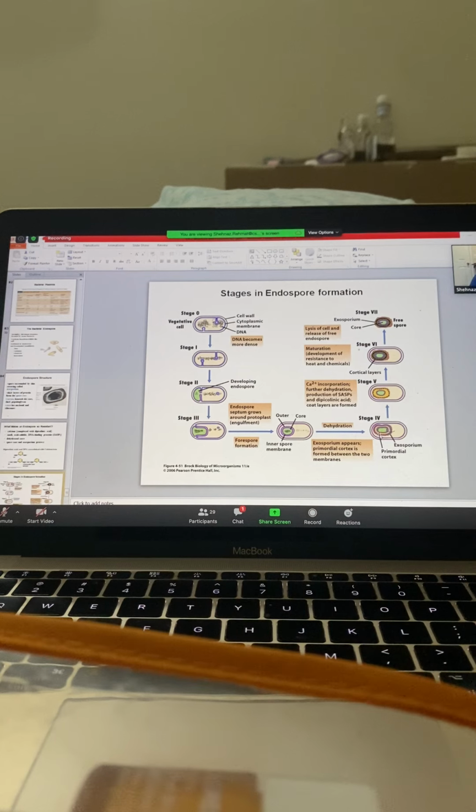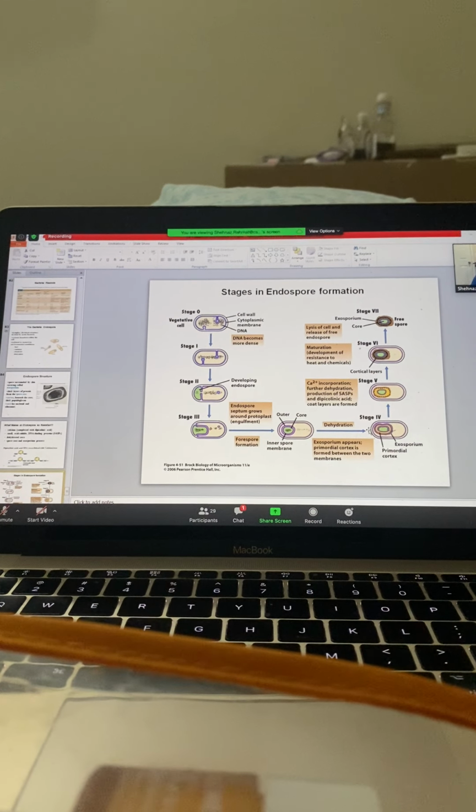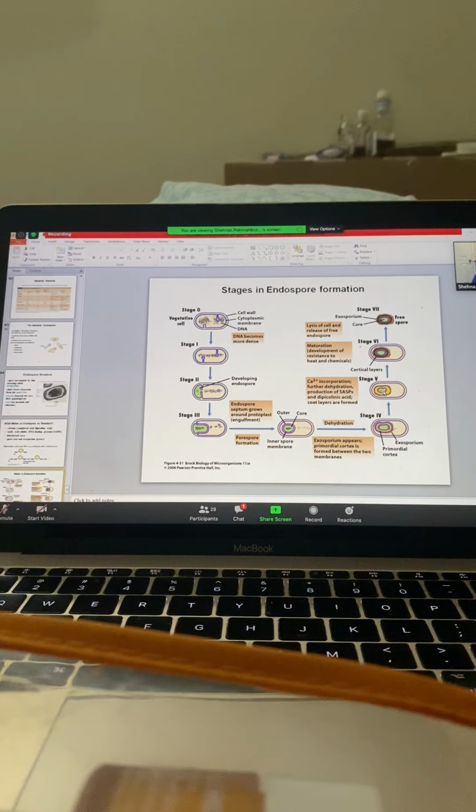And you know the cortex is the peptidoglycan, so the peptidoglycan is still being laid around as a thick cortex there. And then the layer called the exosporium is created. And in stage 4, calcium is incorporated, further dehydration occurs, the small acid-soluble proteins are produced at that point, and the coat layers are formed.